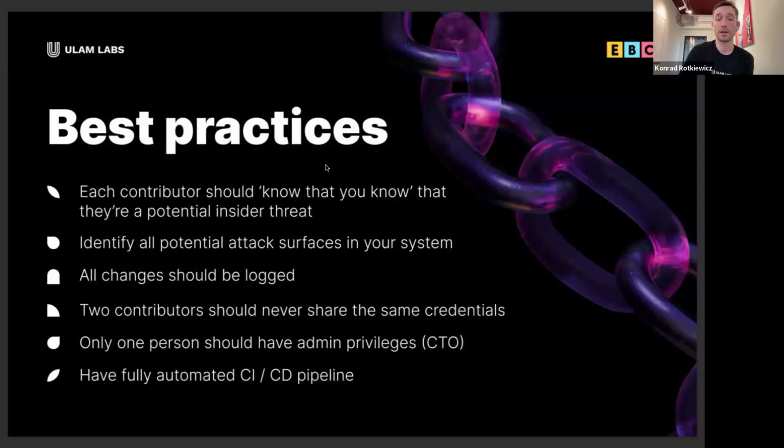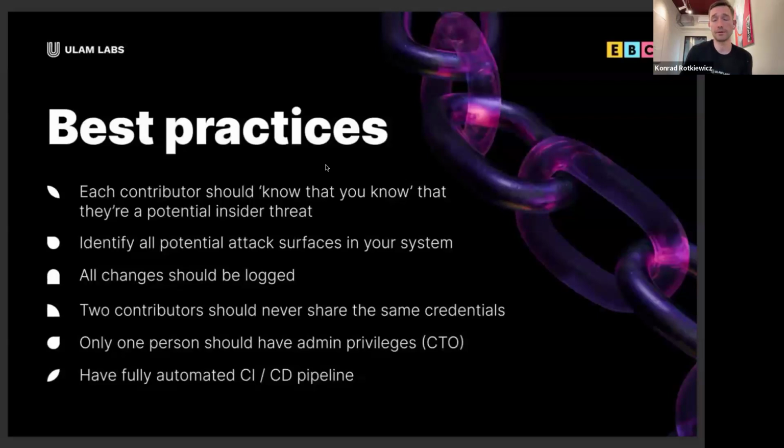There are moments when you are developing your applications that you need super admin rights, let's say for a bug on production that you need to investigate. But you should limit the number of people who have super admin privileges. Probably, I would say, to one person, which is the CTO.